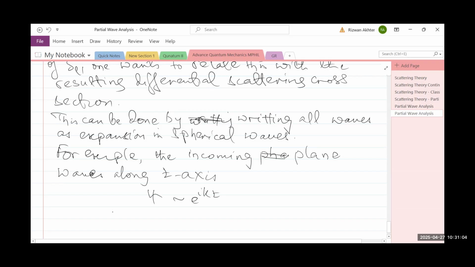expanded in terms of the spherical waves using azimuthal symmetry, that is independent of the angle phi.